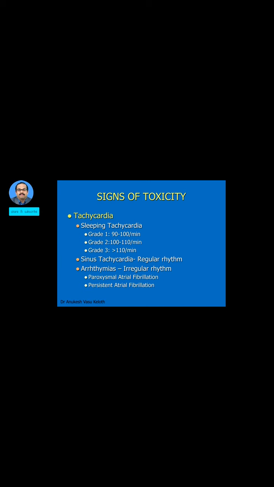It's Kryl's grading. So you can have initially sinus tachycardia where your rhythm will be regular, or you can have a set of supraventricular tachycardias where you have irregular rhythms. So you can have paroxysmal atrial fibrillation, persistent atrial fibrillation, paroxysmal atrial tachycardia, persistent atrial tachycardia, multiple ectopics. These are the various things that can be seen.